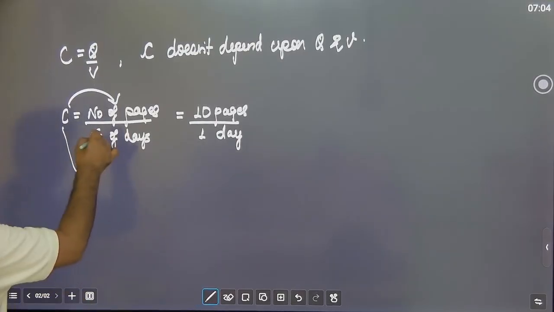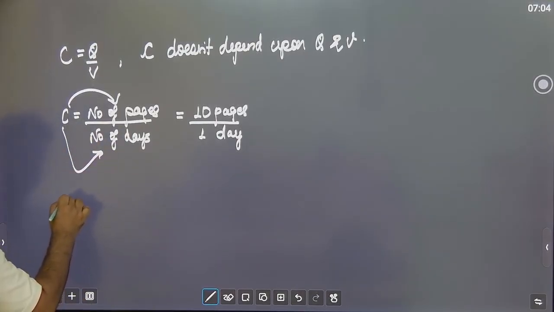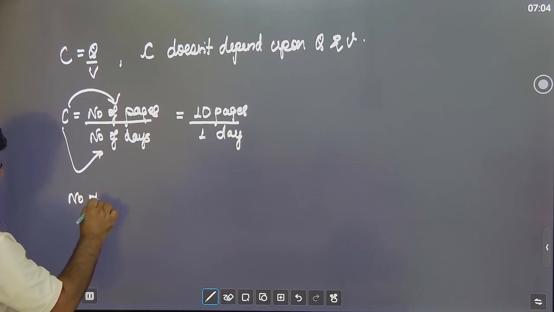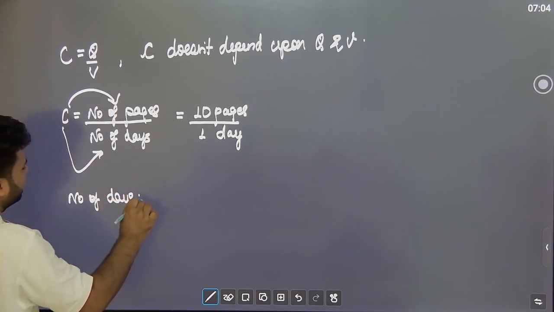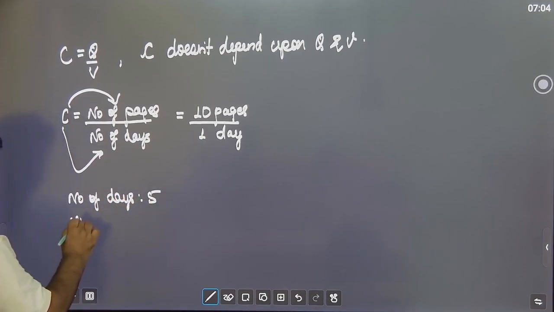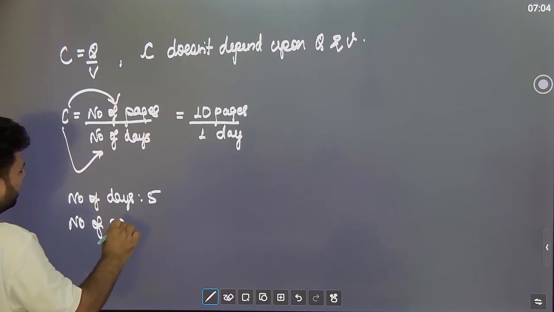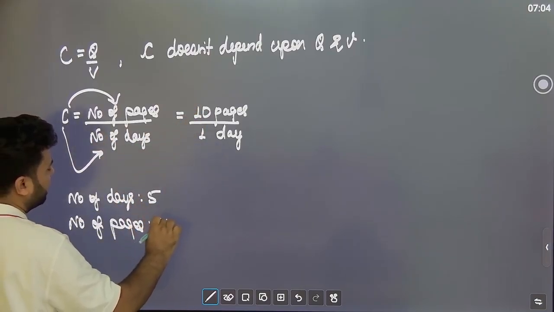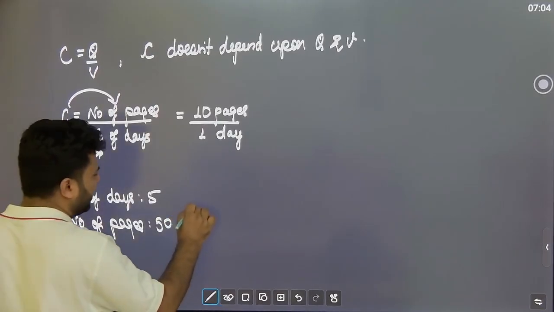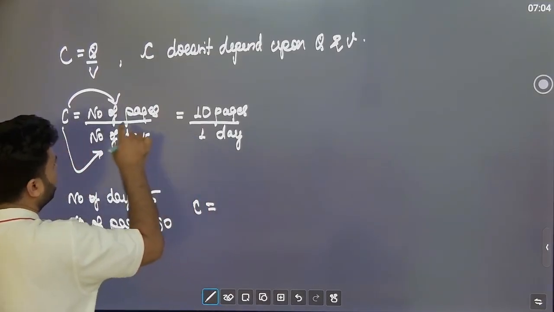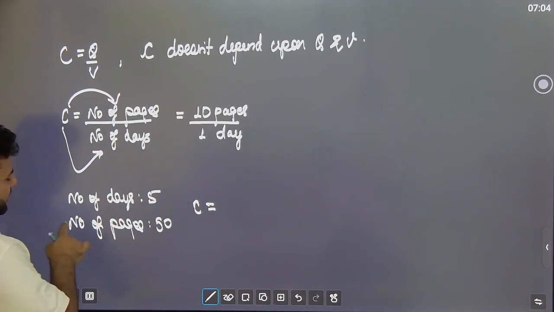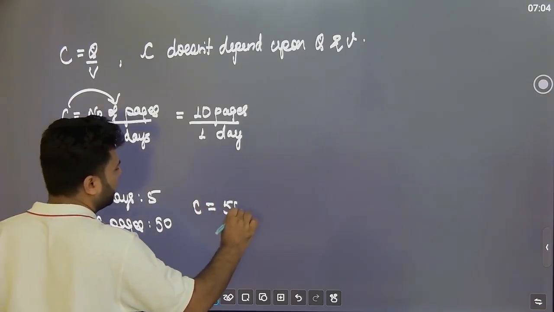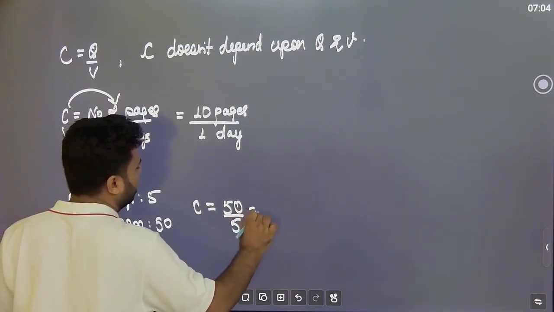Why? If you increase the number of days, suppose number of days is 5, the number of pages that you learn will become 10 fives are 50. But if I ask what is the capacity, number of pages divided by number of days, number of pages 50, number of days 5, so again it is coming 10 only.